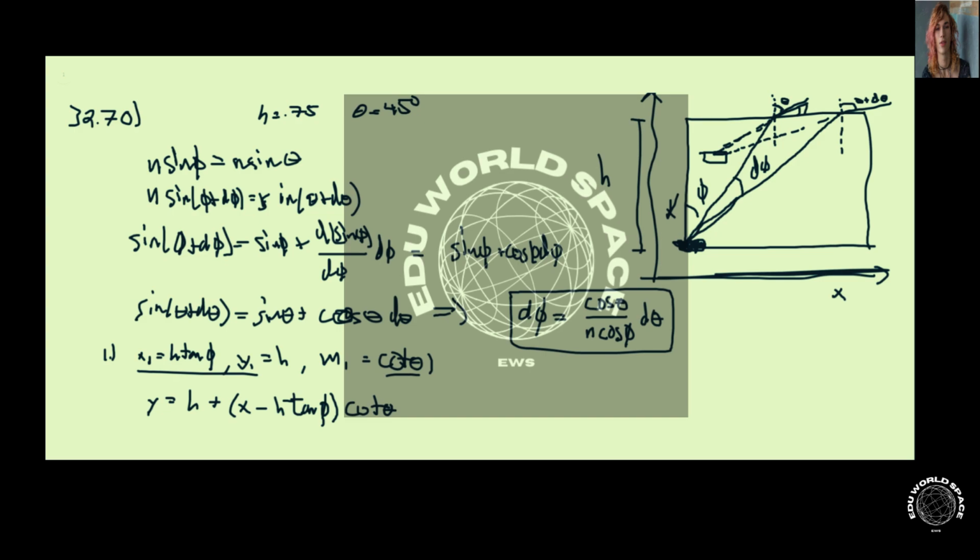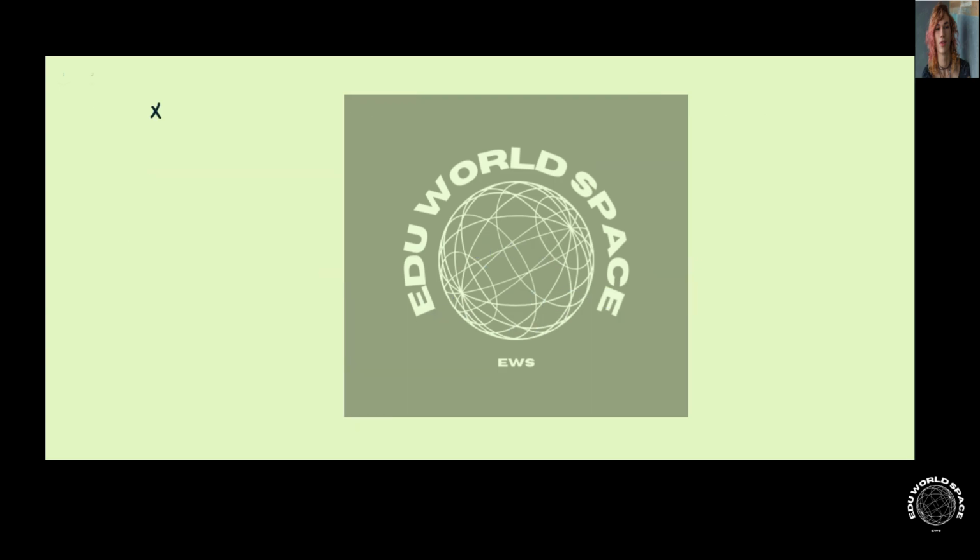Now we're going to have to do the same thing for the second ray, and this is going to be a little bit more challenging. So we've got to figure out the second ray, ray 2 here. Where does this lead from? So x2, doing some geometry, we see that this is h times the tangent of phi plus d phi.